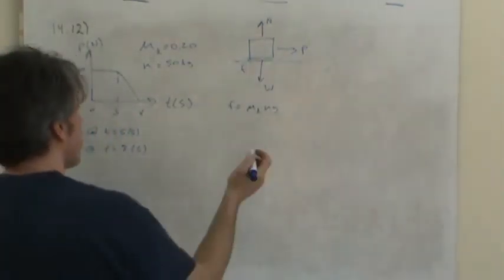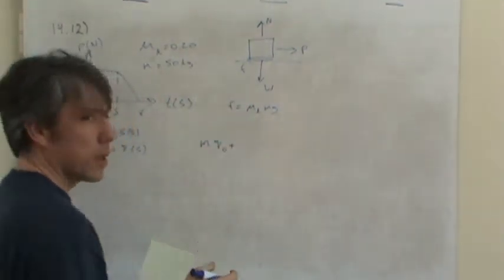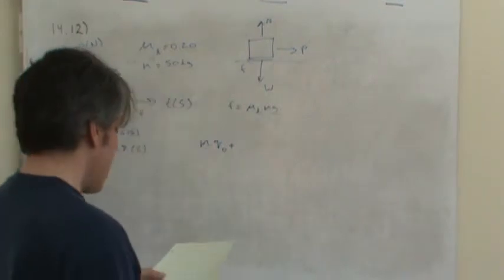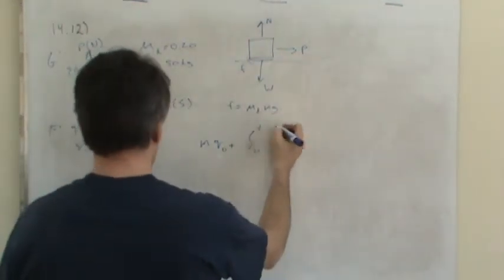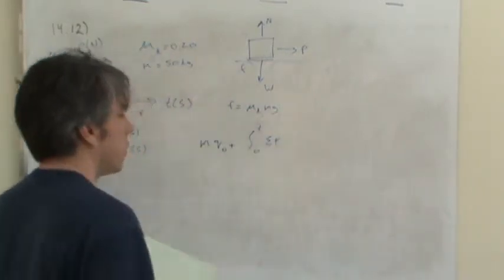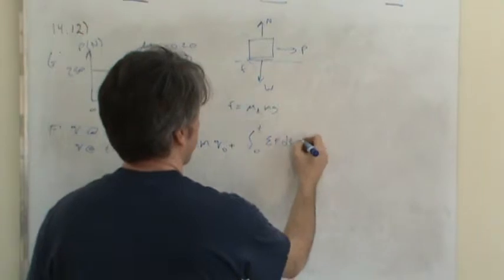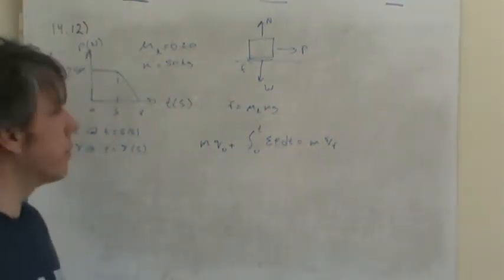So when we use a momentum balance and say the mass times the initial velocity, in other words the initial momentum of the box, plus the integral from 0 to t of the sum of forces that act on the package over time yield the final momentum of the package.